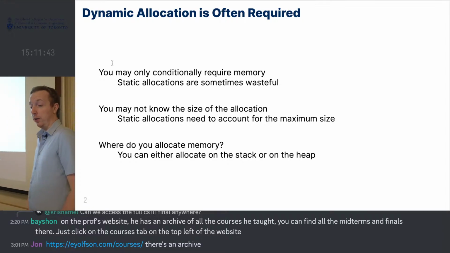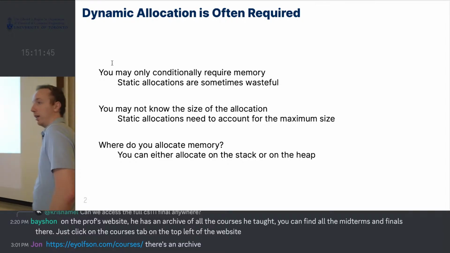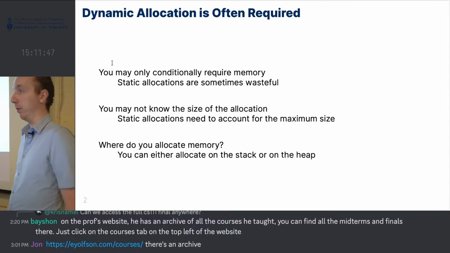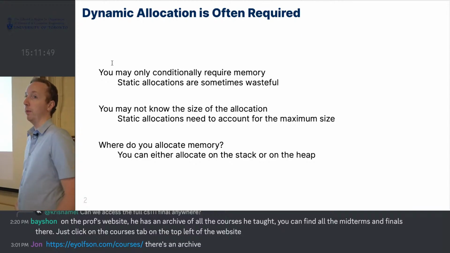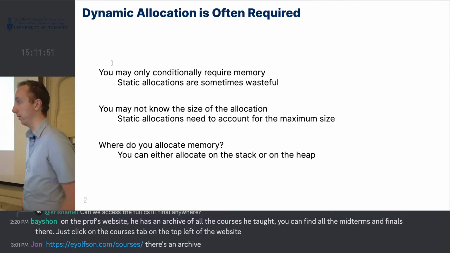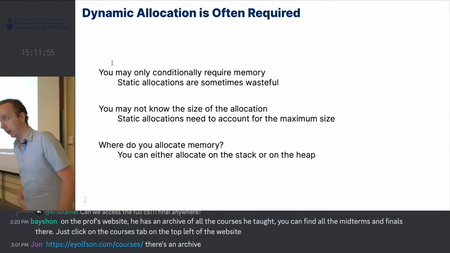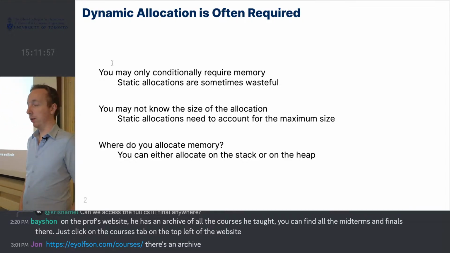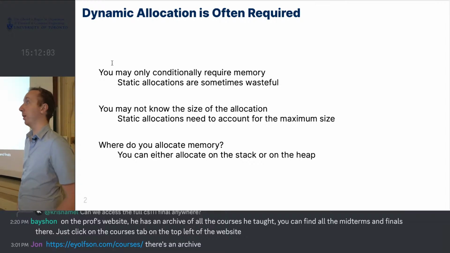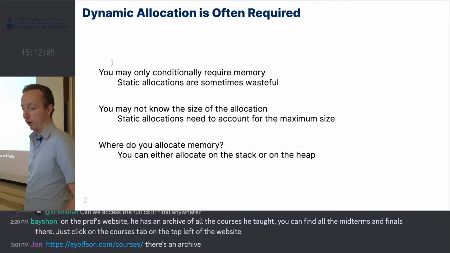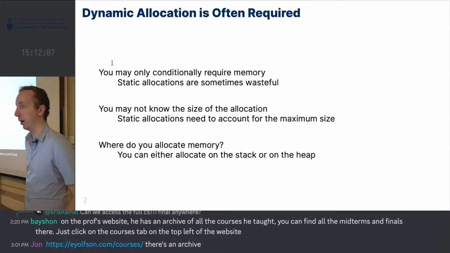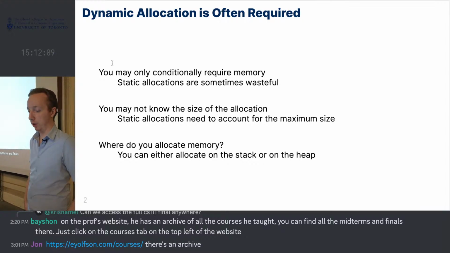You might only conditionally require memory, and static allocation can be very wasteful. The kernel will set aside some memory that you never actually use. And if you don't know the size of the allocation ahead of time, static allocations are all a fixed size. The kernel has to know how much memory to set aside whenever it loads your program in, so you need to account for the maximum size, which sometimes may just be too big.